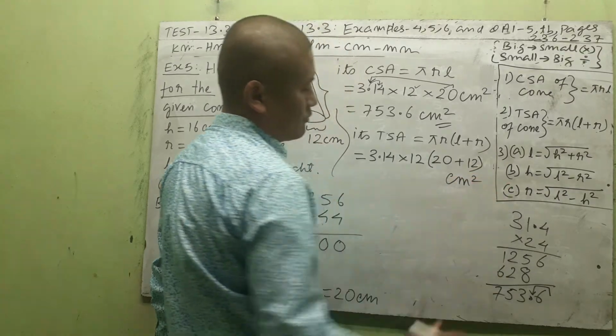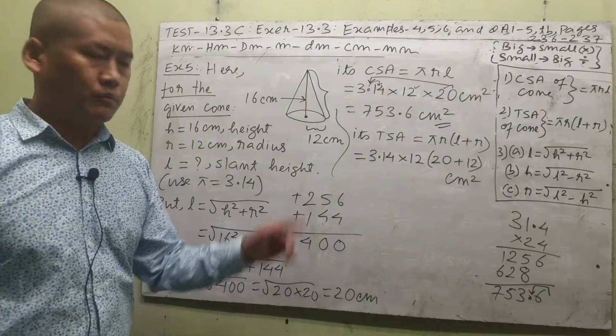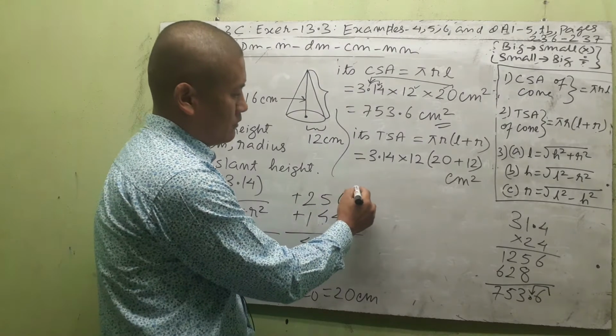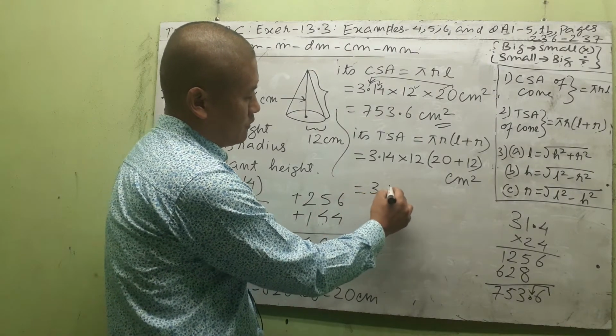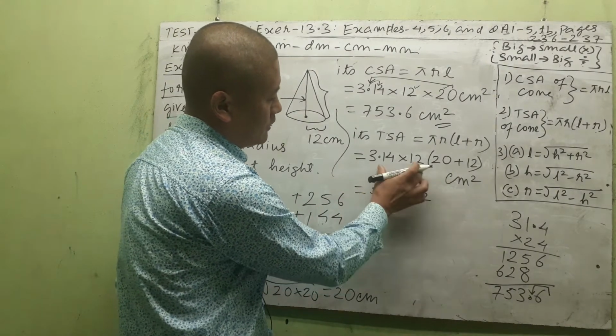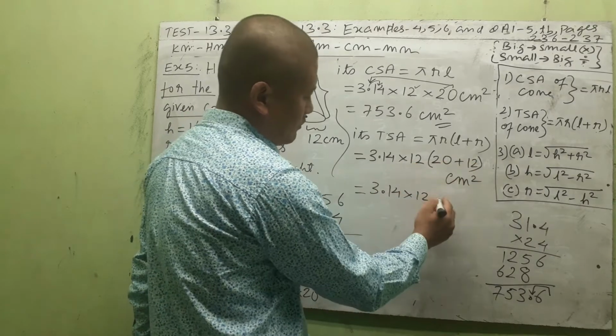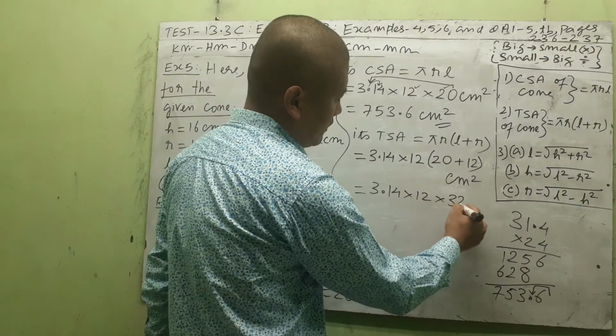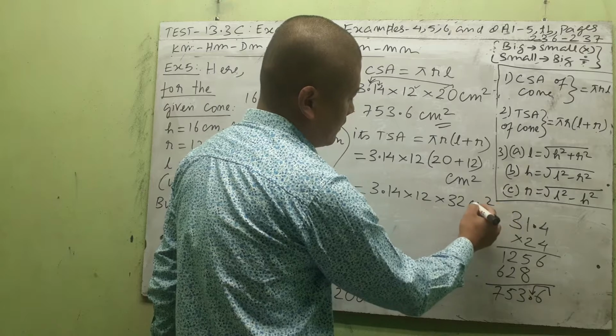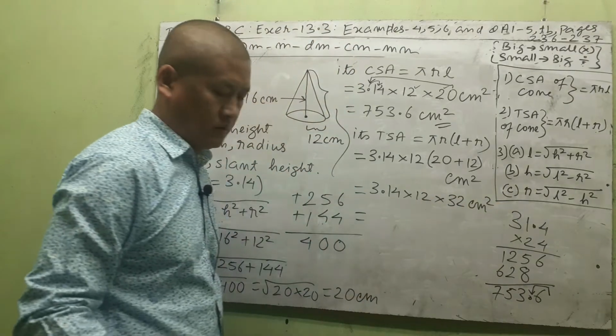Area means centimeter square, just put it once like that. So let us write this: 3.14 into 12, and 20 plus 12 is 32, so this much centimeter square.